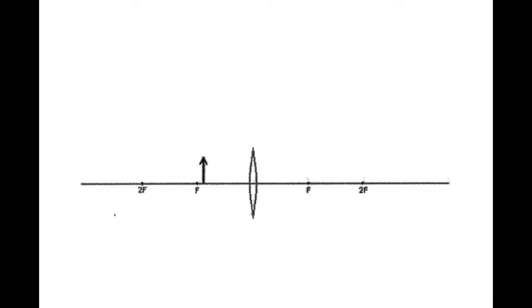So now we're going to try one where the object is closer than the focal point. I'm going to draw a line up like this because I'm going to need it in a second. The first thing I'm going to do is draw my horizontal green line, like always, and I'm going to draw a line that goes through the focal point and also hits this green line.